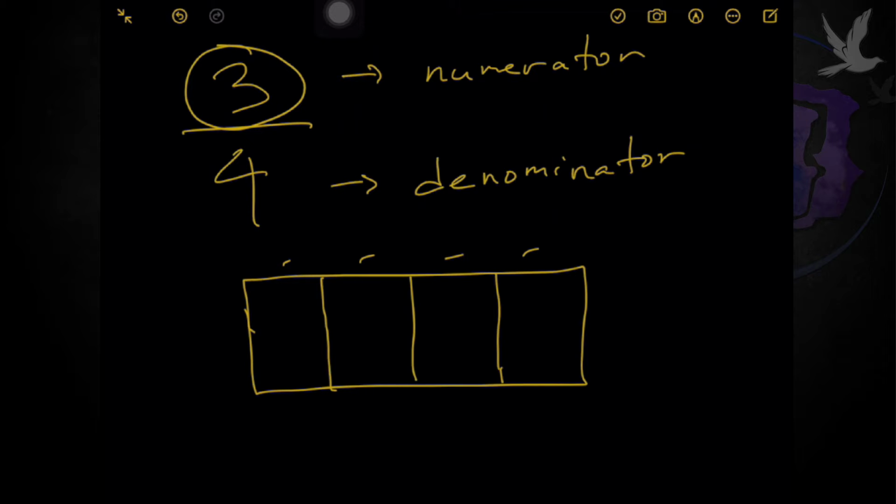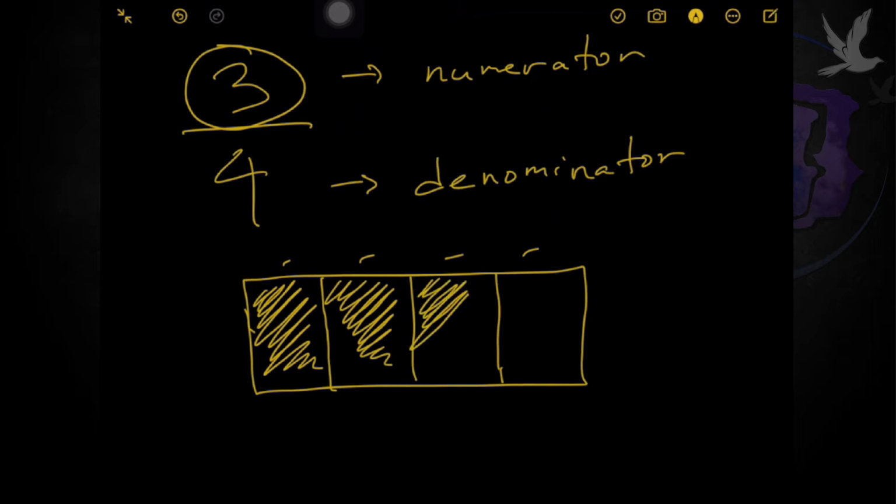the spaces. Since our numerator is represented by 3, which means you should shade 1, 2, 3 out of 4.